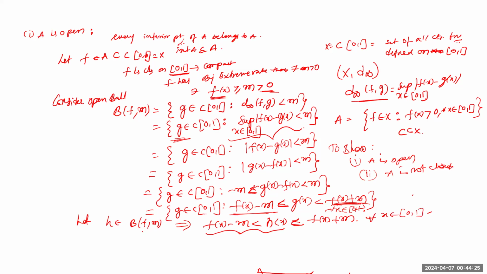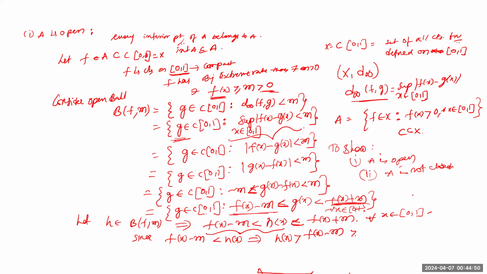So now, since f of x minus m is less than h of x, that implies h of x is greater than f of x minus m, right? But what is the f of x?